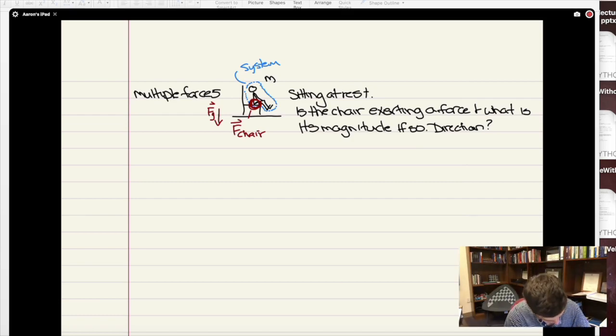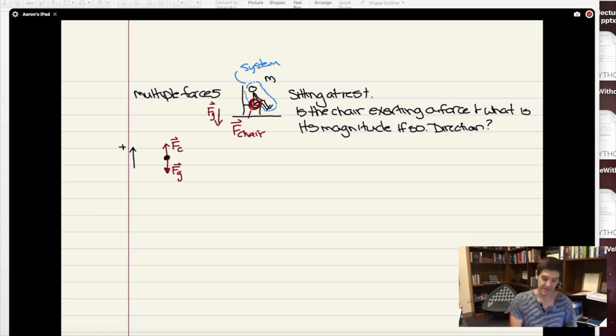Let's draw a free body diagram. So here I am, the person sitting on the chair. I'm going to define up as positive in this coordinate system. So I would identify that there's gravity pointing downward. And I might make an educated guess that the chair force is pointing upward in this case.